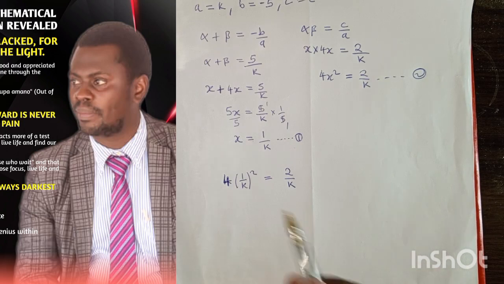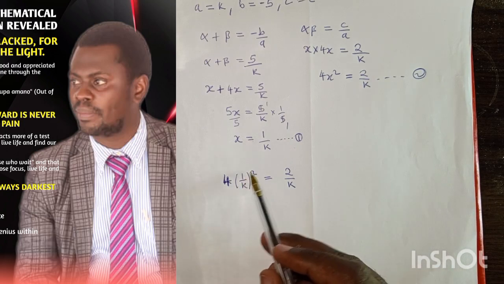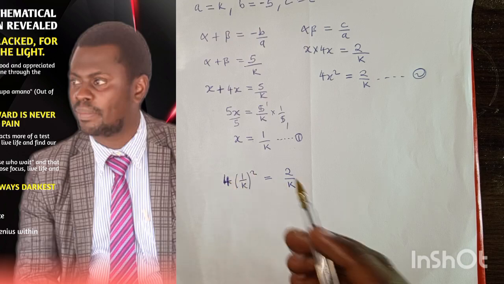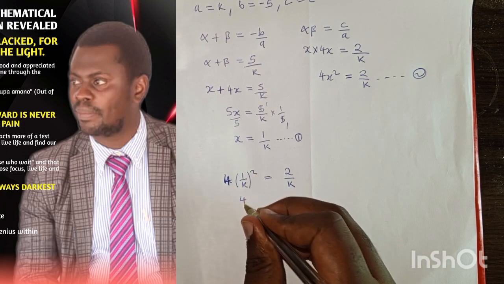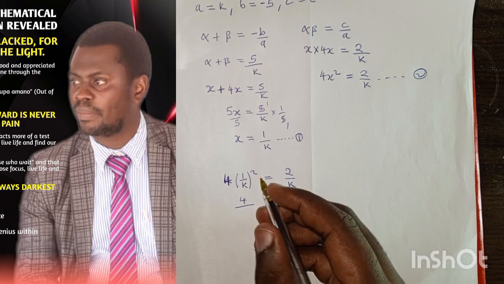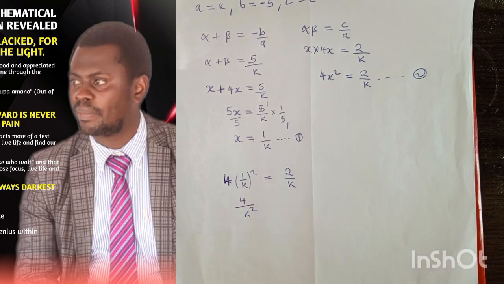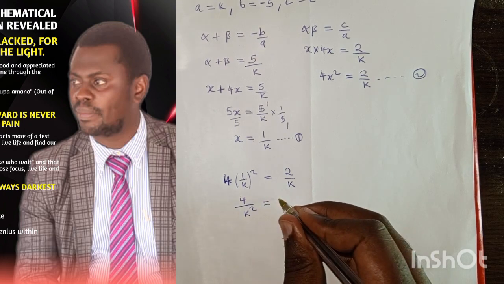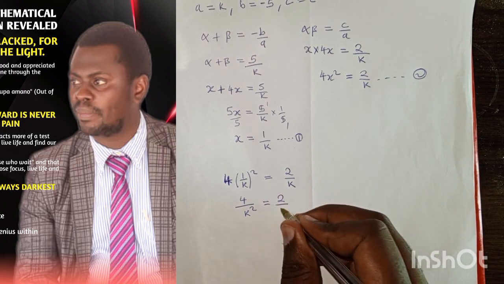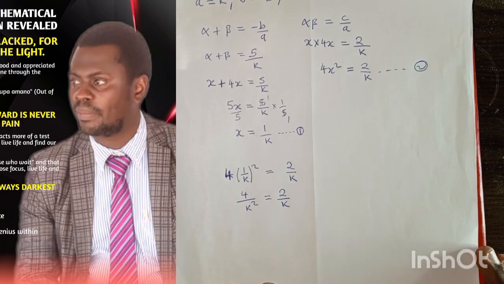Then you square this. 1 squared is just 1, times 4, you get 4 over k squared. So we have 4 over k squared is equal to 2 over k.